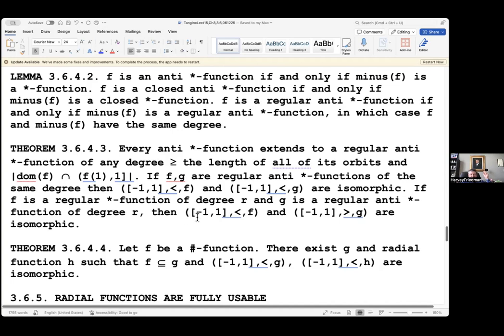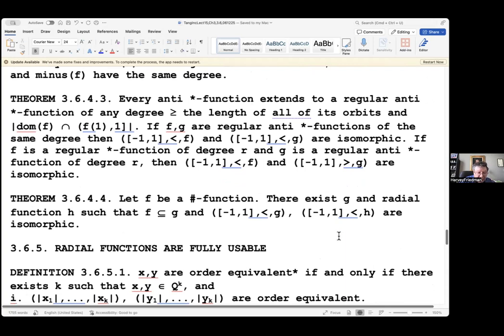If f is a regular star function of degree r, and g is a regular anti-star function of degree r, so if you have regular and anti-regular, then these things are also isomorphic, but you switch signs. Excuse me, this is less than and this is greater than. So there's this parallel subject of anti-star functions and star functions and their extensions and so forth.